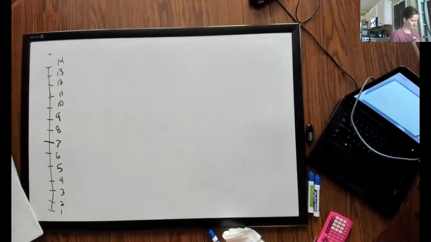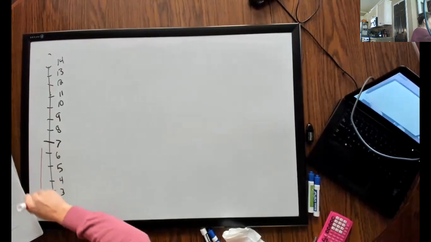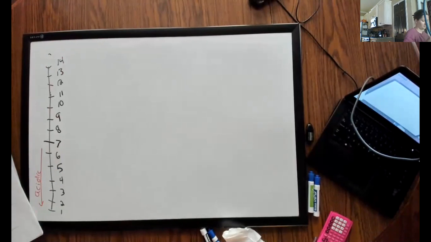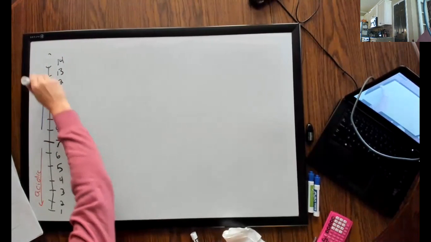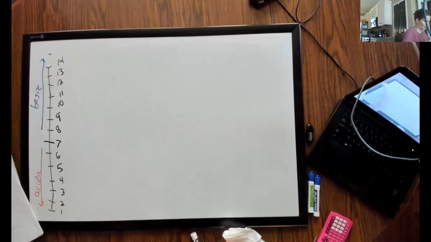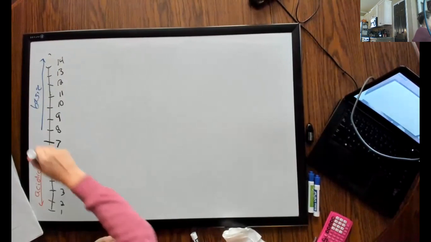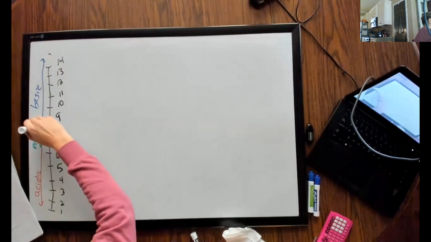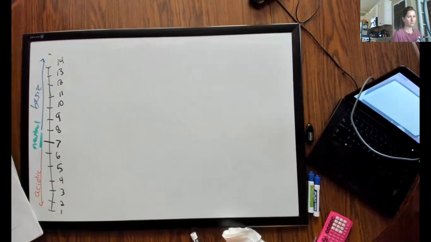So anything below the 7 is acidic. Anything above the 7 is basic. And then right around 7, this small region here is neutral. So this is the pH scale.